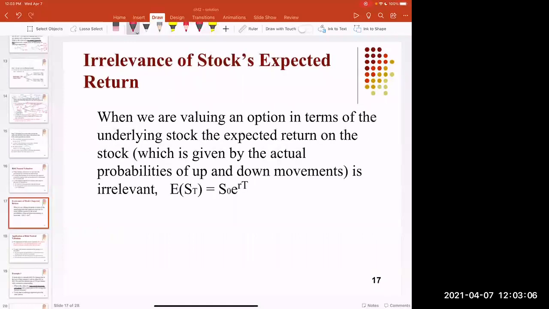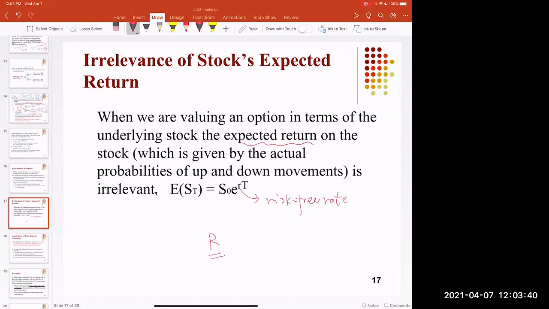Okay, so since the expected return is the risk-free rate, when we value an option in terms of the underlying stock, the expected return is irrelevant. We use small r, which is the risk-free rate; if it's capital R, that's the expected return.